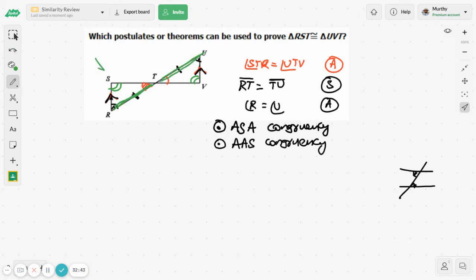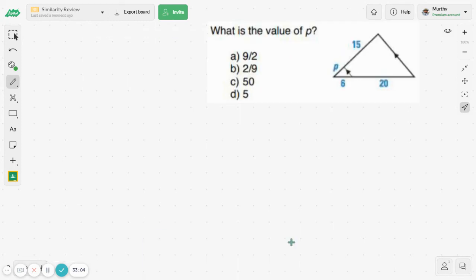Please notice that I am taking this angle, and the side is not included. So it can be ASA or it can be AAS. At times there may be more than one correct answer. So here ASA and AAS both are correct.